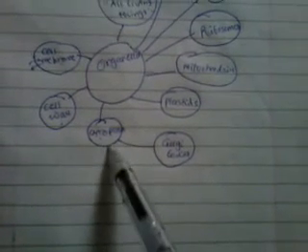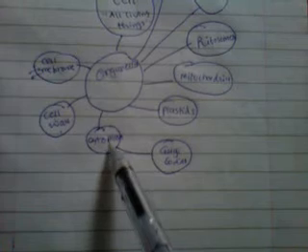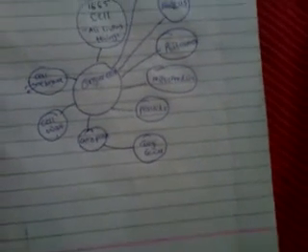Cytoplasm is a semi-fluid substance with water-soluble organic and inorganic substances. So it is some kind of fluid inside the cell, and it is called cytoplasm. What cytoplasm has is the Golgi bodies.